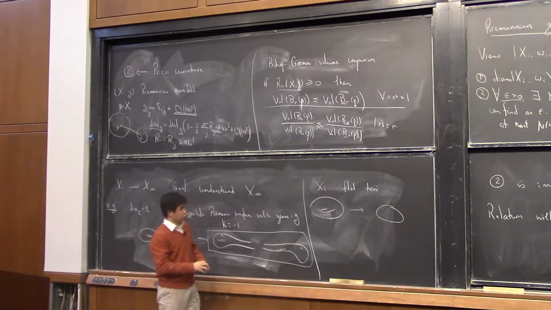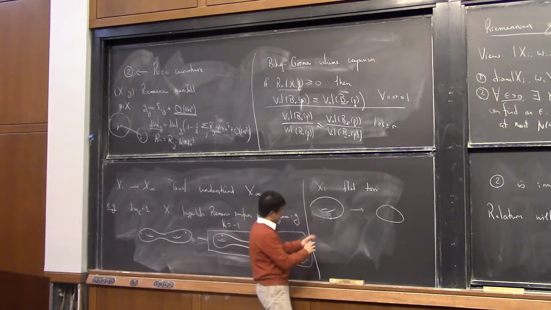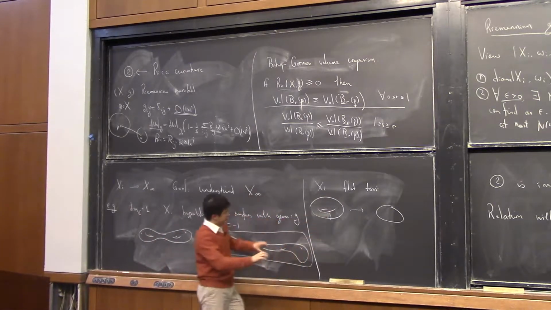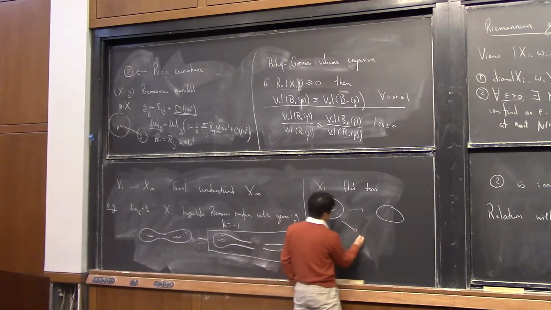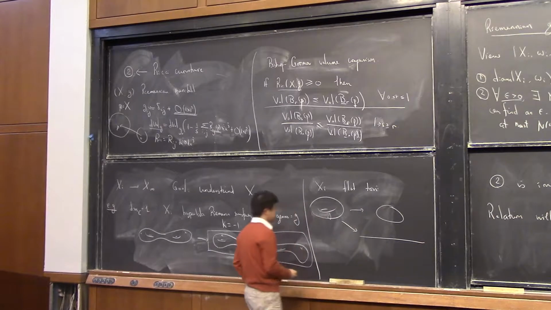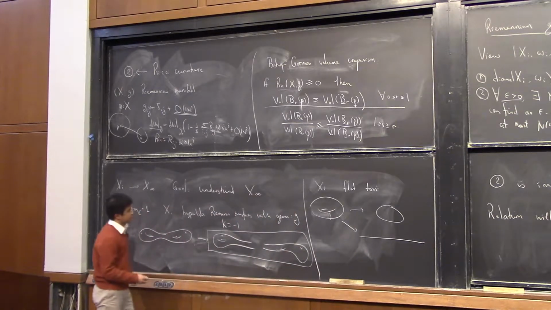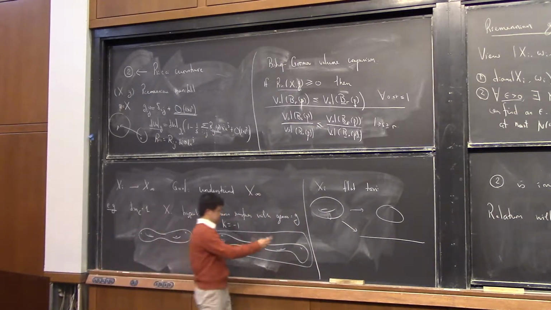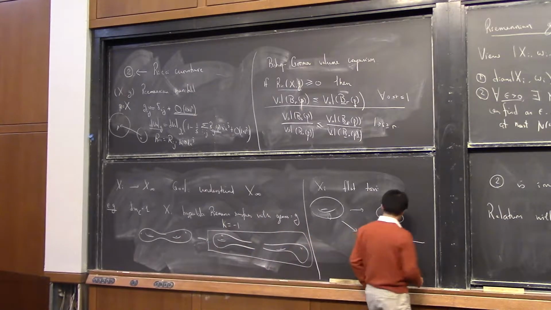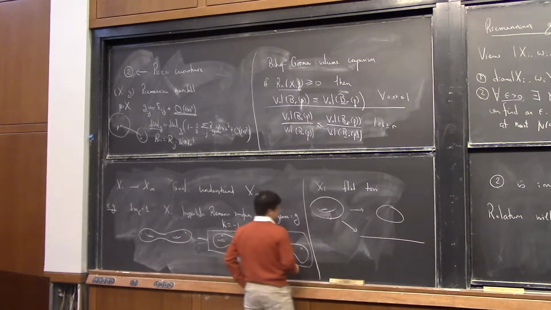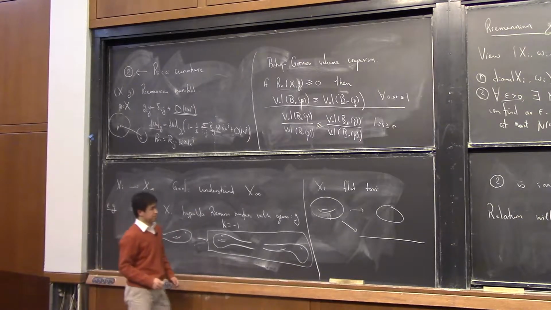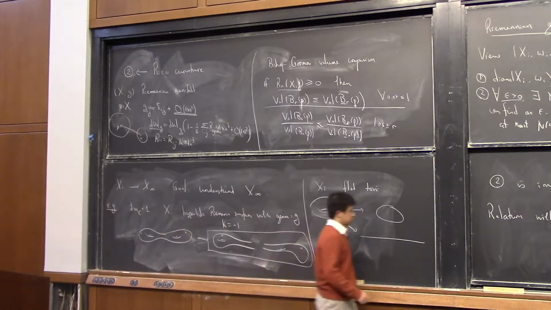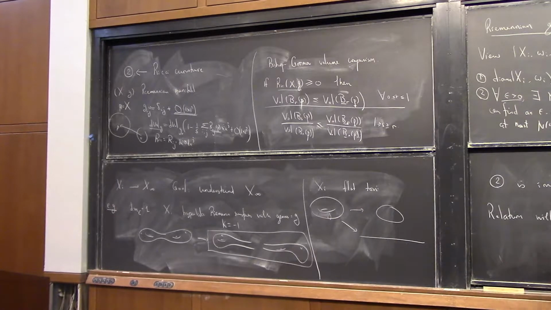Or we can fix the volume, so we shrink one circle, but then we expand the other circle. So the limit could be an infinitely long line. So this space, at least, doesn't have an obvious algebraic structure. It's a one-dimensional Riemannian space.